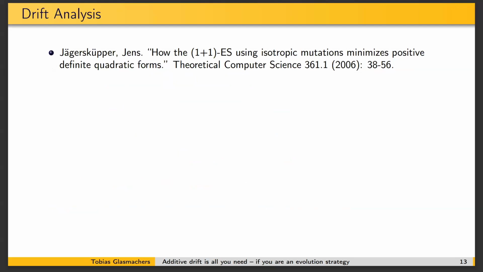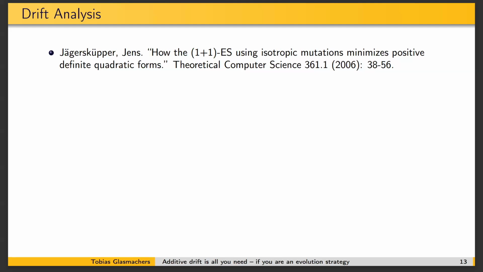Okay, so the big competitor method, we don't perceive it as competition, but the other thing we could do really is drift analysis. That goes back about 20 years, and it wasn't really termed drift analysis at the time. There was all this work by Jens Jägersküper, who analyzed the 1+1 evolution strategy without covariance matrix. All this, of course, started with simple algorithms.